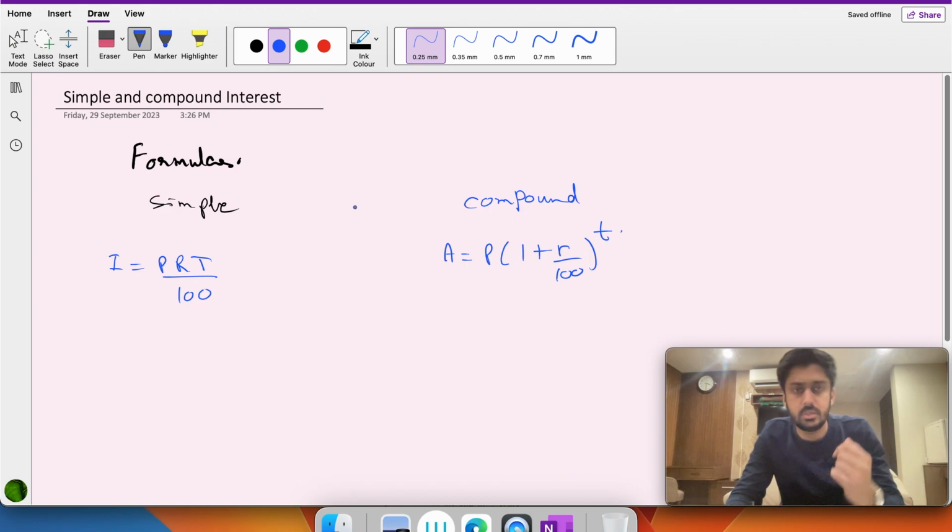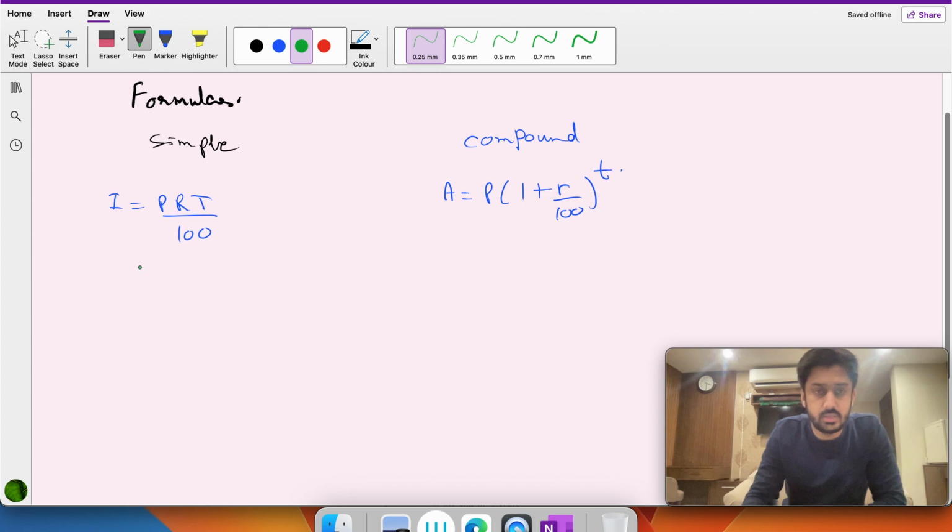Some people write T, some write N. Both are the same. So what's the basic difference? The simple interest formula gives you the interest. P is the principal, or the invested amount or the borrowed amount.